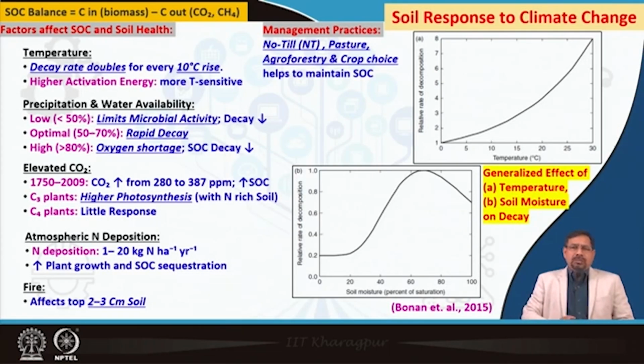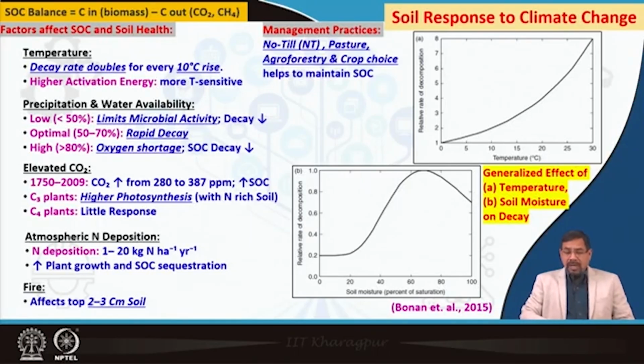So if we leave it as a pasture land or agroforestry, or if you go for a decisive choice of the crops, that will help maintain the soil organic carbon. Look at these two diagrams on the right hand side, upper and lower.